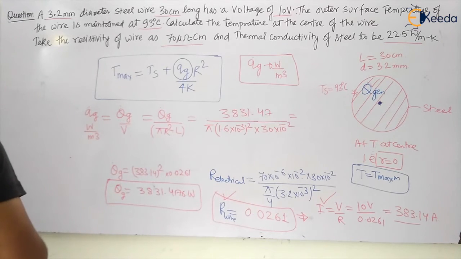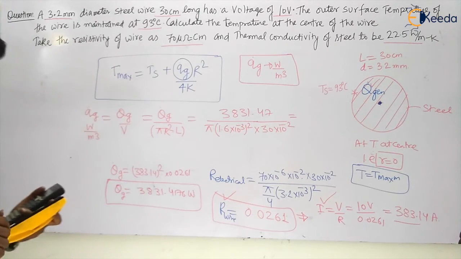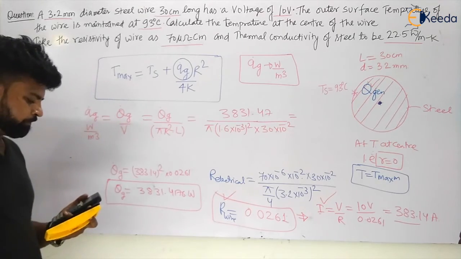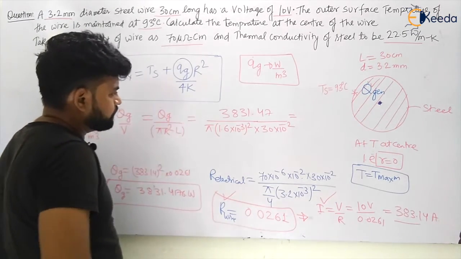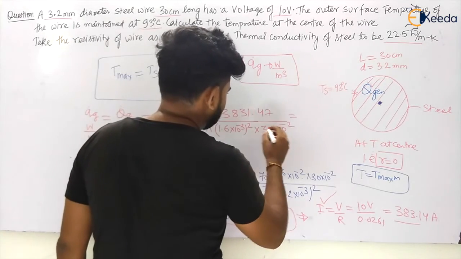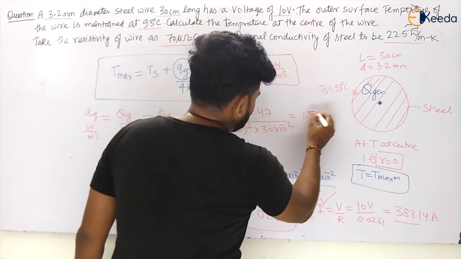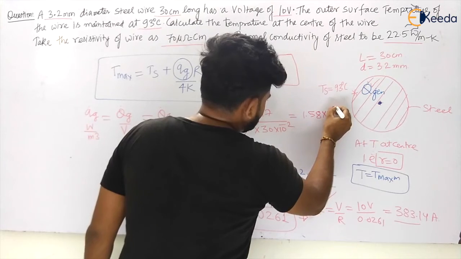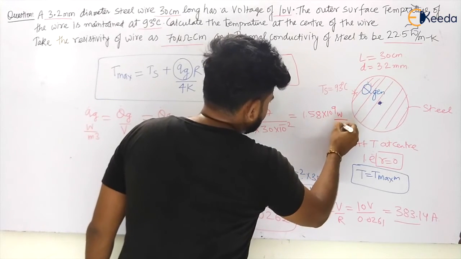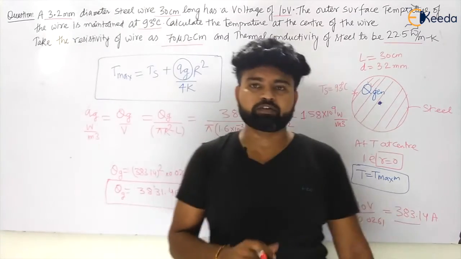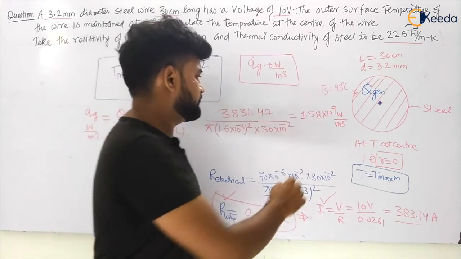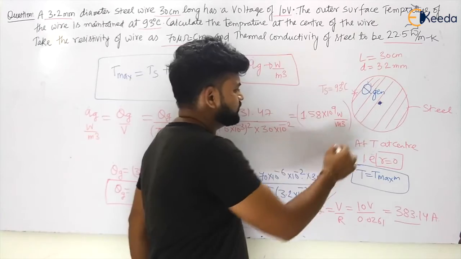This will be 2540822. So this value will be 1.58 into 10 to the power 9 watt per meter cube. So now we know the heat generated in the wire. That is Qg, that is watt per meter cube.